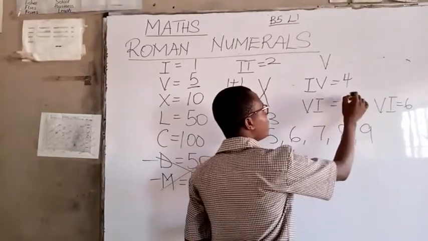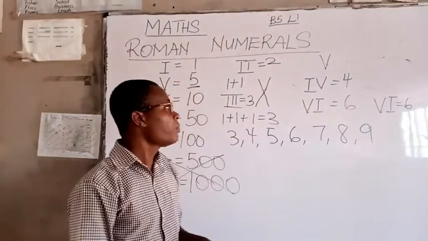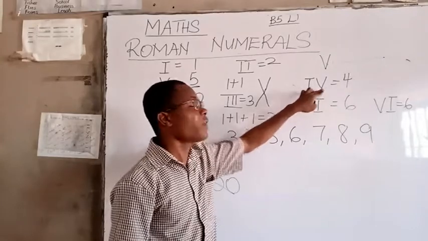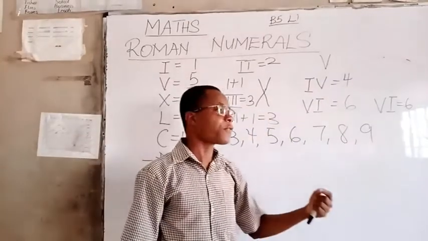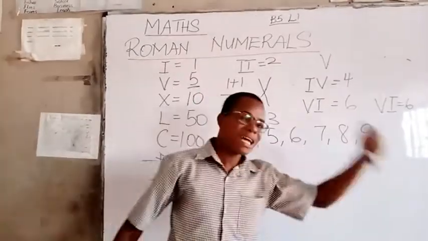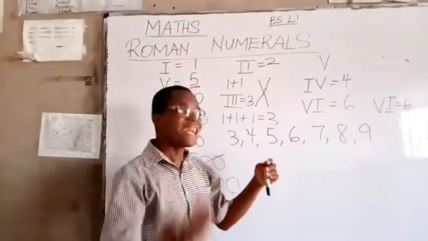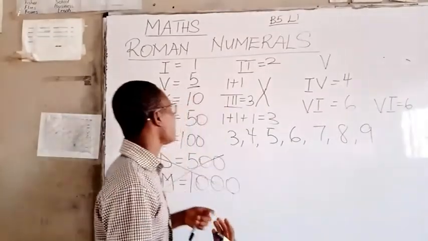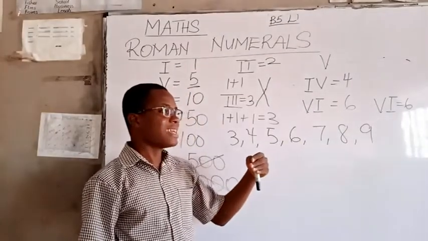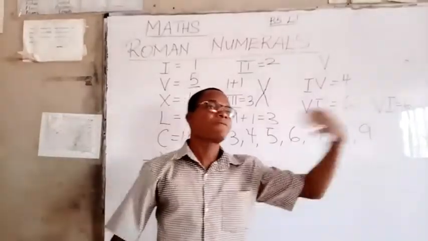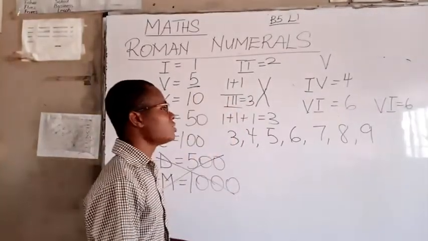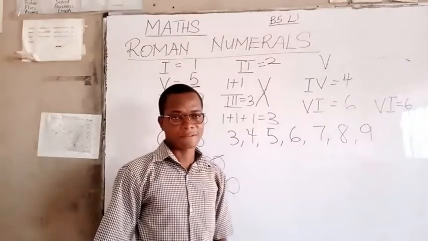When you have a symbol before the bigger symbol, so if I appears before the V, you subtract it from the V, giving you 4. But if the I comes after the V, you add it to it. The same thing applies to 7 and 8. When the symbol comes after it, you add to it. That's what you do till you get to 9.